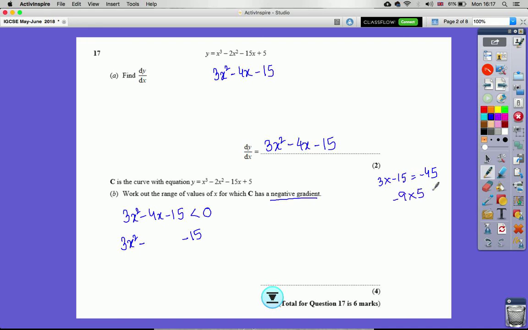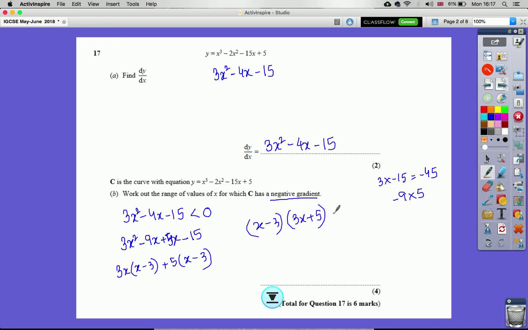You add them, you get negative 4. You multiply, you get negative 45. So you get negative 9x plus 5x. Now, when I factorize it, I will get x minus 3 and 3x plus 5.